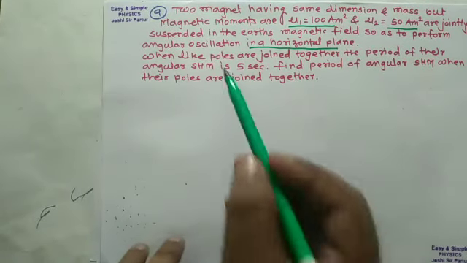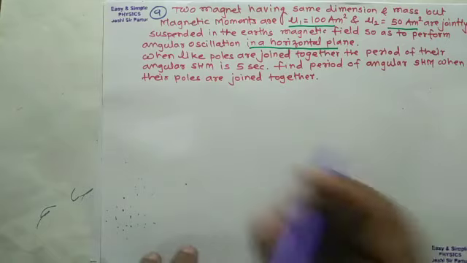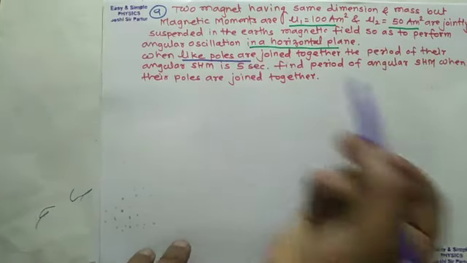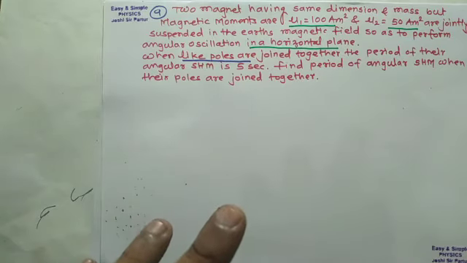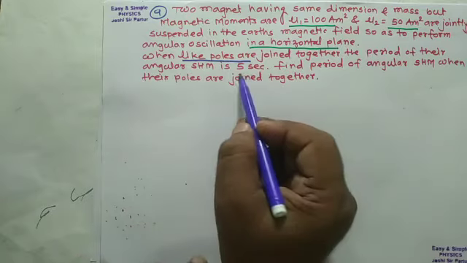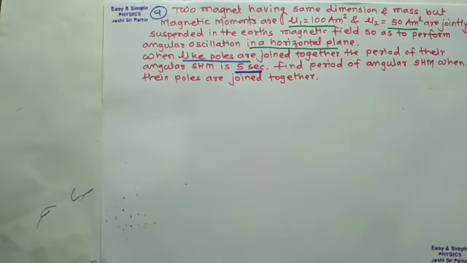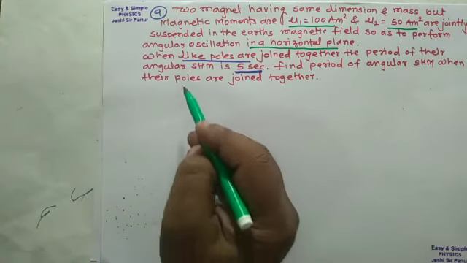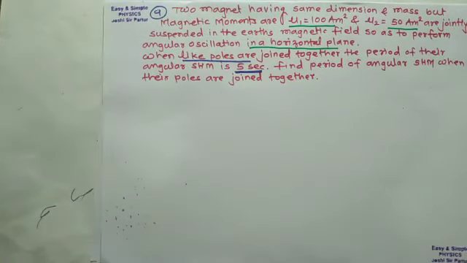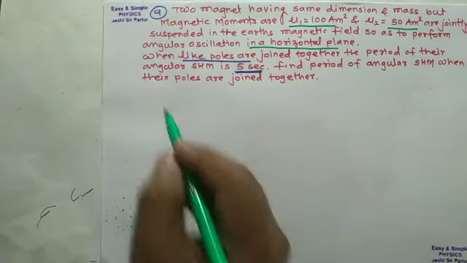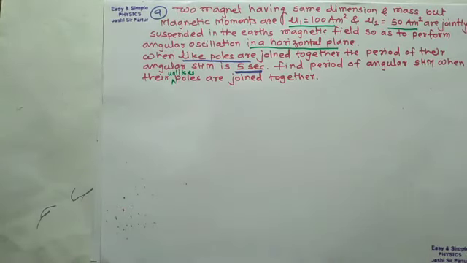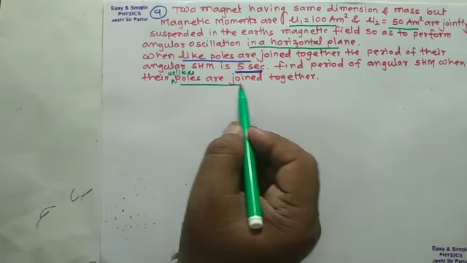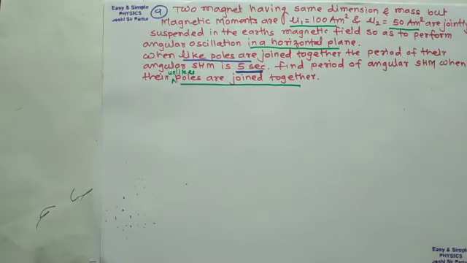When like poles are joined together, the period of their angular SHM is 5 seconds. Again, find the period of angular SHM when their unlike poles are joined together.